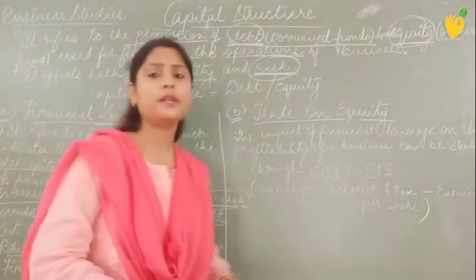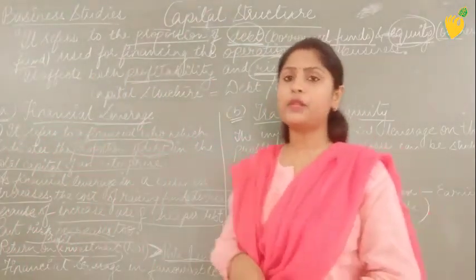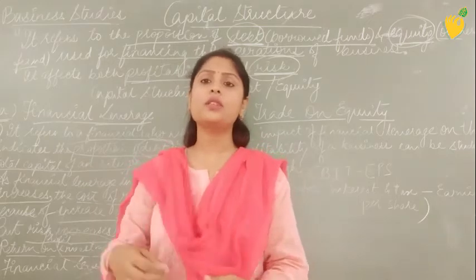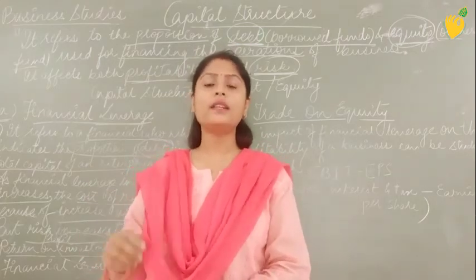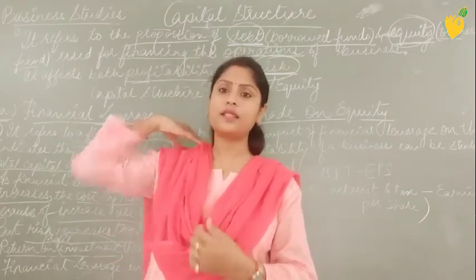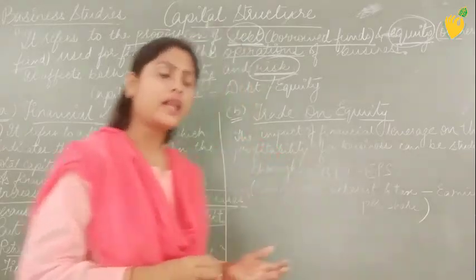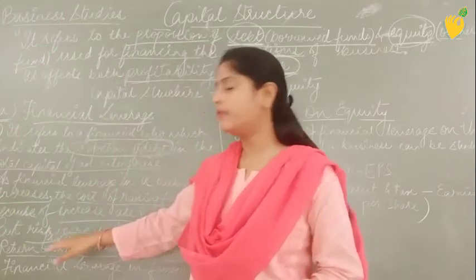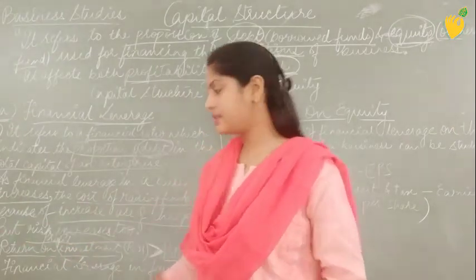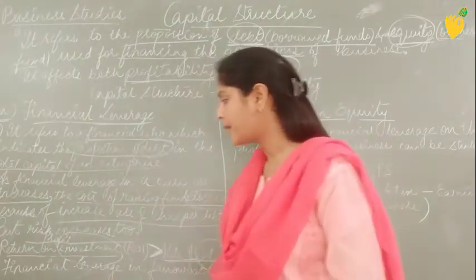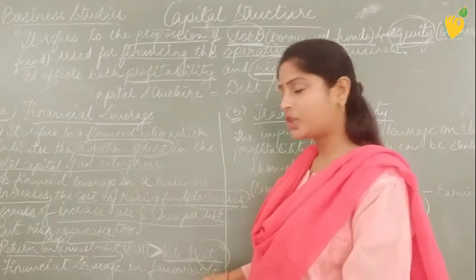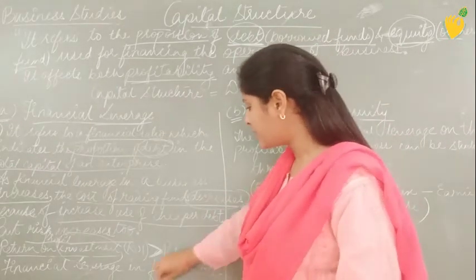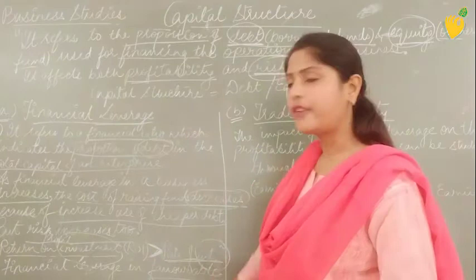If this is happening, definitely it is a favorable condition because the organization is earning more profit and is in such a financially sound condition where it can easily pay the interest because the profit level is more than the interest level. And this situation is described as financial leverage and it is favorable.